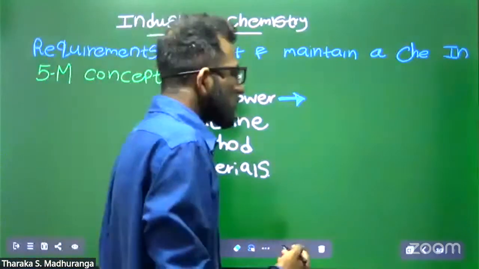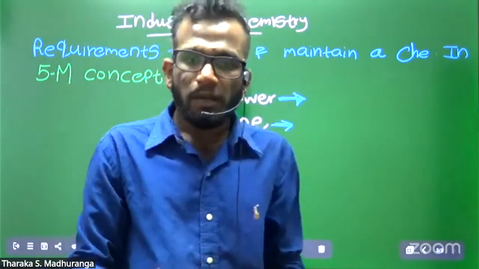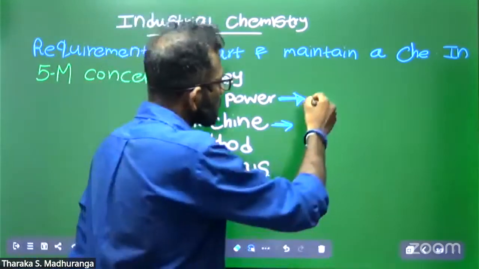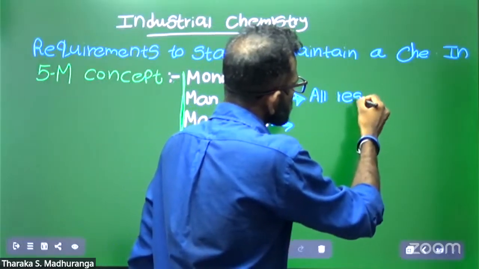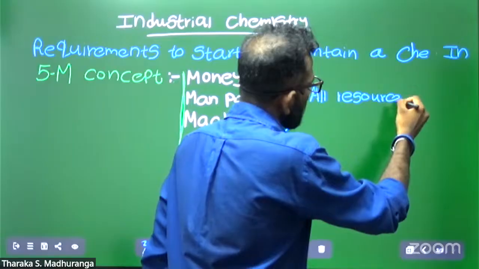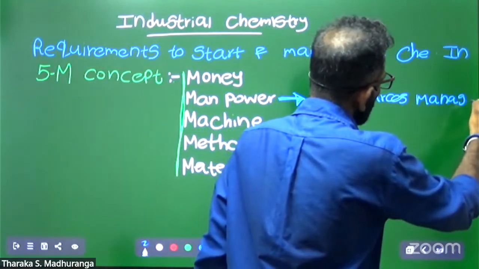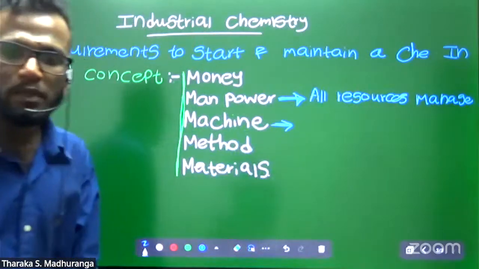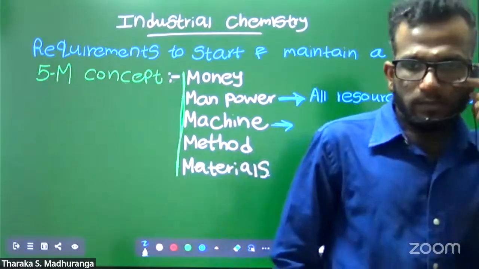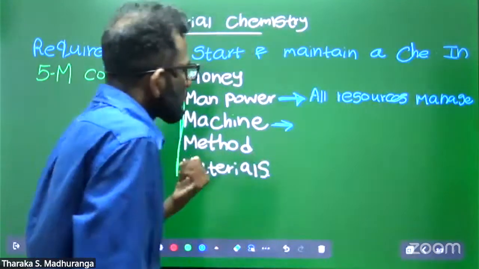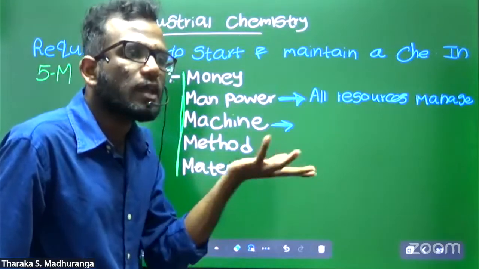Okay, now machines: what is the requirement? What is the advantage of using machines in a chemical industry?